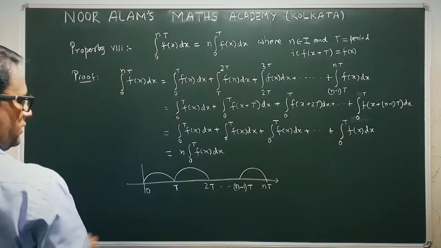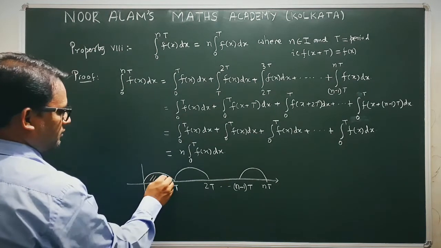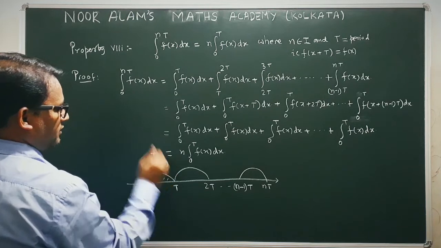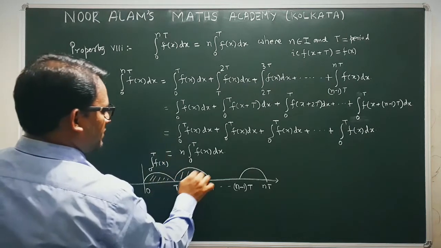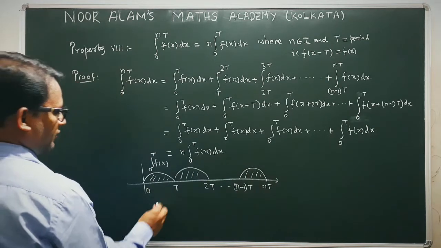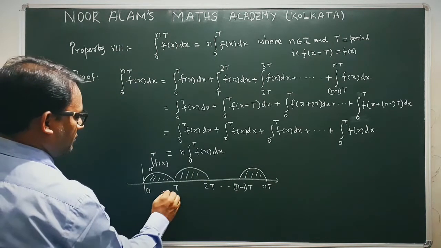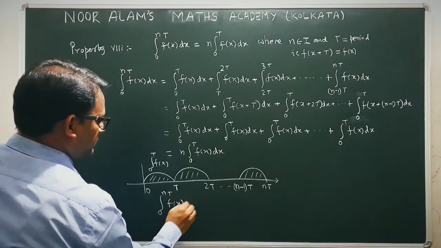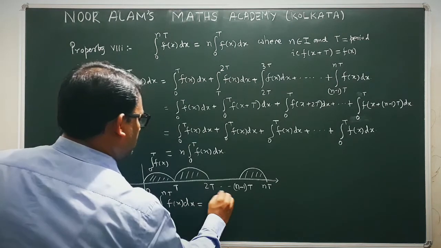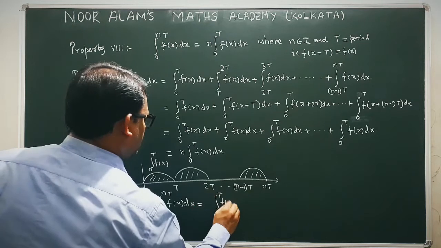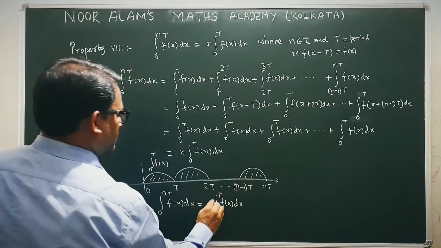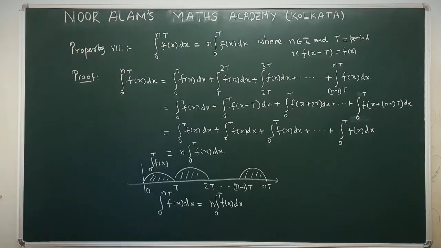Now what we see is that if we calculate the value of this area, it is equal to the integral from 0 to T of f(x) dx. Now how many times is this area present? n times. So therefore the total integral from 0 to nT of f(x) dx we can write as the area, the integral from 0 to T of f(x) dx, present n times. So geometrically it indicates this.